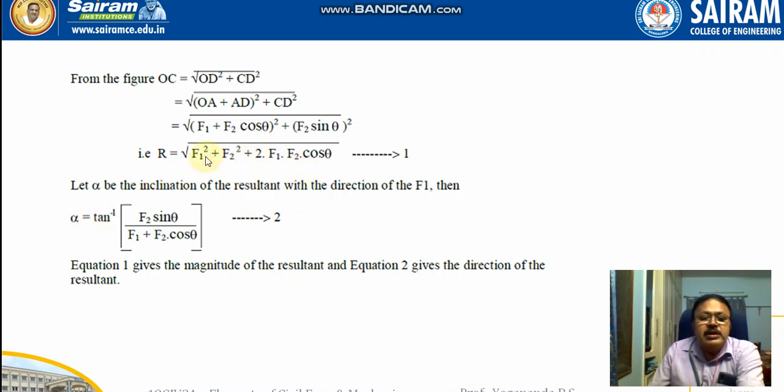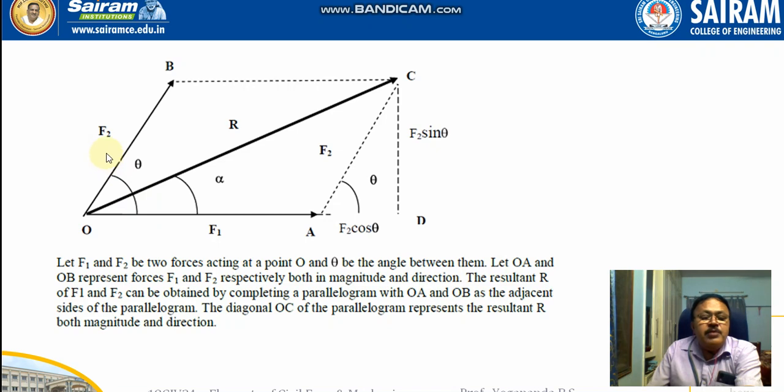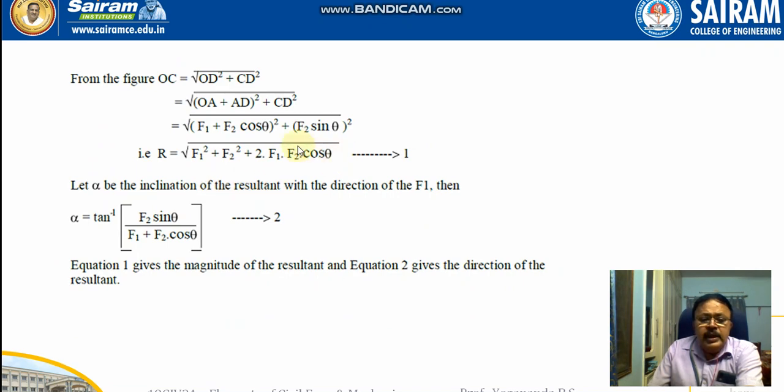As I said earlier, if F1 and F2 are perpendicular to each other, this theta becomes 90 degree. So cos 90 becomes 0, and this entire quantity becomes 0. R remains square root of F1 square plus F2 square.